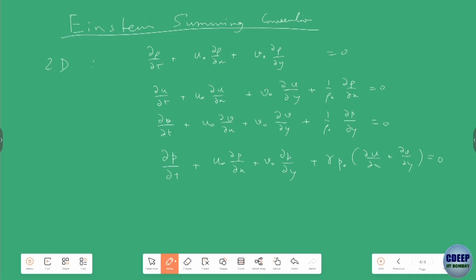You will be deriving these things for your homework also, the next homework that I posted. So these are the sets of equations you will derive. What was observed by this famous gentleman is that the terms that appear are generally of this form. For example, we have got the divergence of velocity as in here, which is del u del x plus del v del y.